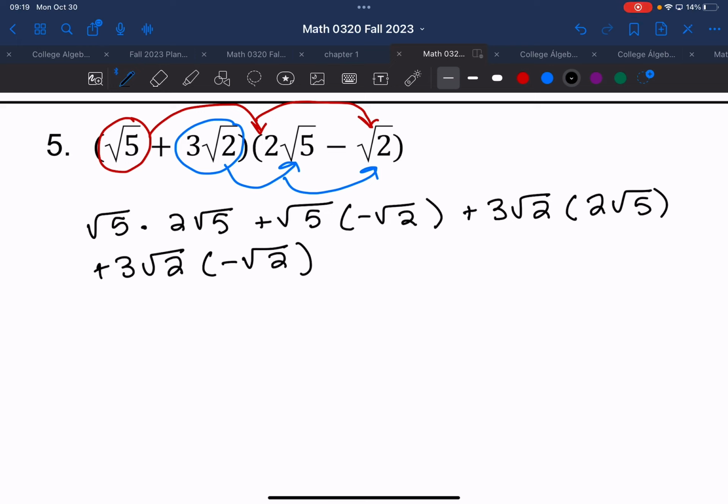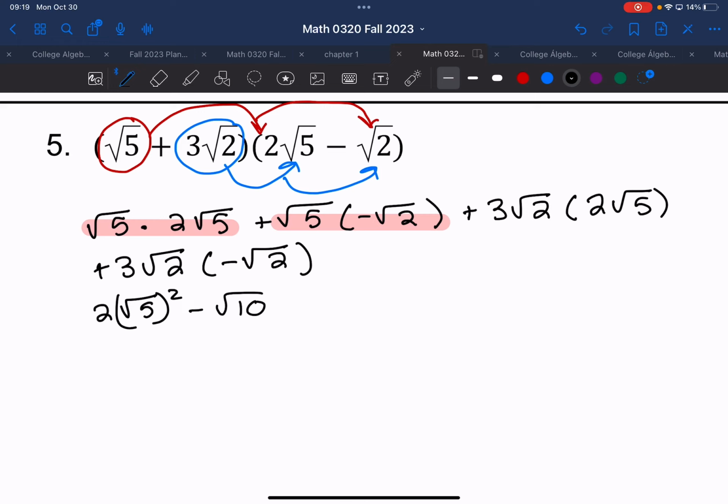So starting off in the beginning, I have square root of 5 times 2 square roots of 5. How can I write that? Good. 2 square roots of 5 squared, because there's 2 square roots of 5 being multiplied together. Okay, I'm going to simplify the rest of it in the next part. So we're looking at now this part. Square root of 5 times negative square root of 2. What is that going to become? Good. Negative square root of 10.